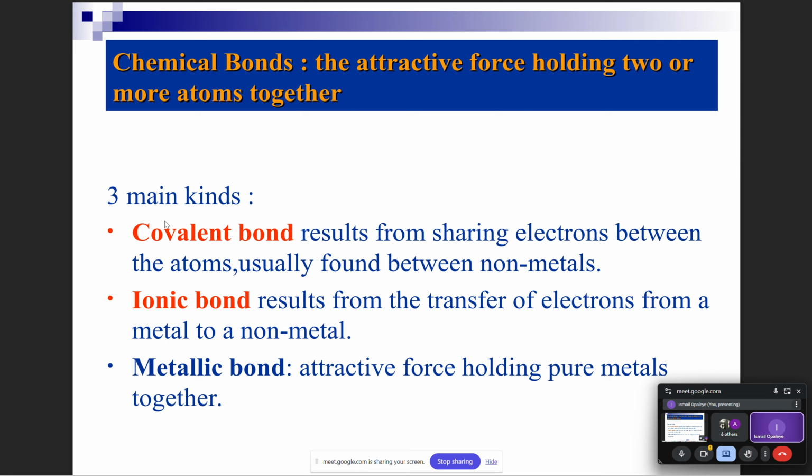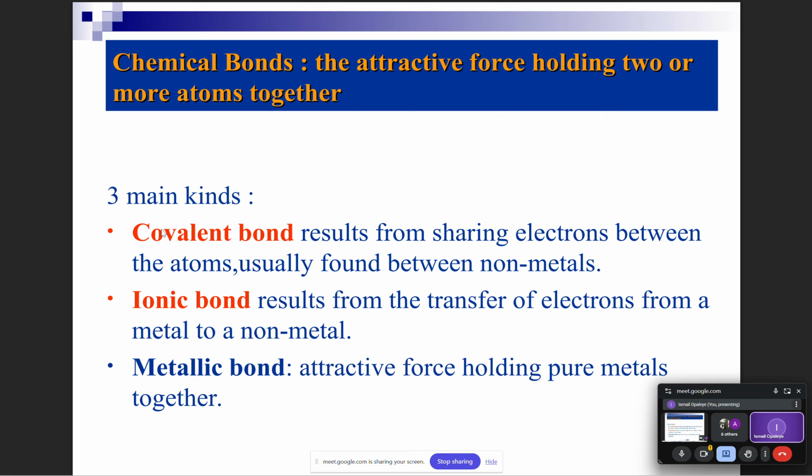Talking about covalent, it basically results from equal sharing of electrons between the atoms, usually found between non-metals. So for example, a hydrogen atom combining with a hydrogen atom to form H2, the hydrogen molecule.